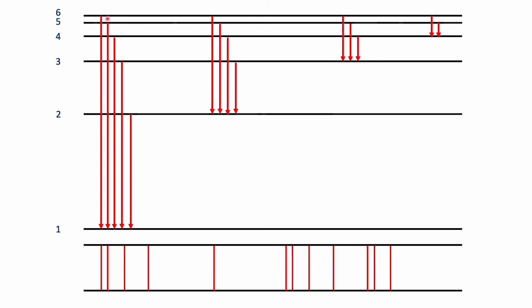The energy gap between the fourth set and the third set of spectral lines is due to the energy difference between the third and the fourth energy levels. So the gap should be smaller than the previous.